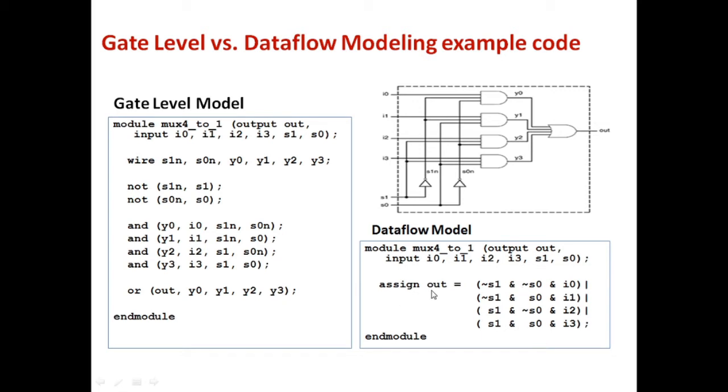How? Assign out, because this is my output variable, out equal to. What is happening for this AND gate? This is the second AND gate, third, fourth. These 4 AND gates are passed to the OR gate. So the OR gate inputs are Y0, Y1, Y2 and Y3.